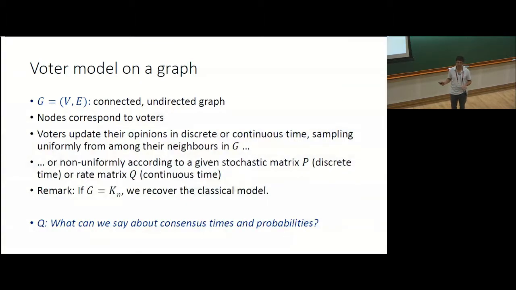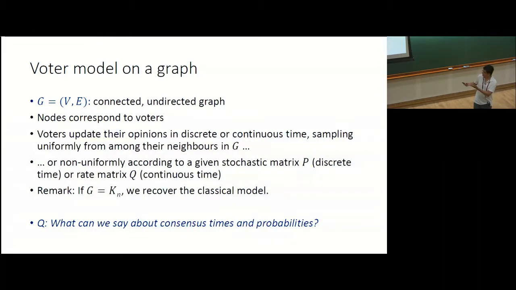Now you can only sample from your neighbors in the graph, and you might either choose uniformly at random from your neighbors and copy their opinion, or you choose non-uniformly according to some given matrix P, the probability of choosing different neighbors in discrete time, or a rate matrix, a rate of contacting others and copying their opinions in continuous time.